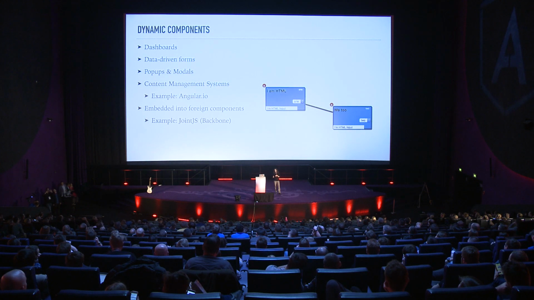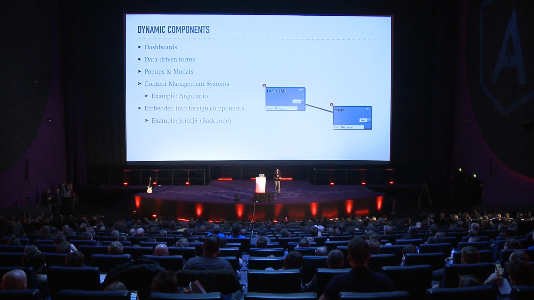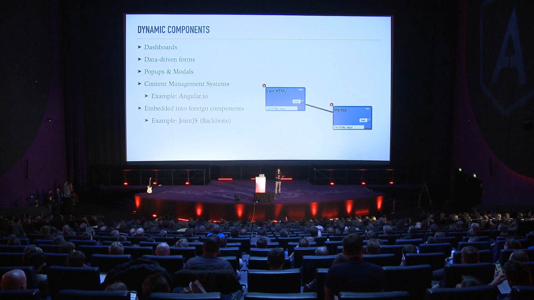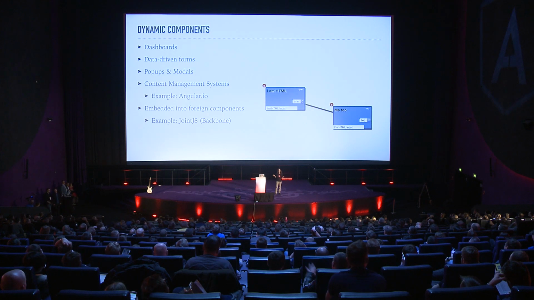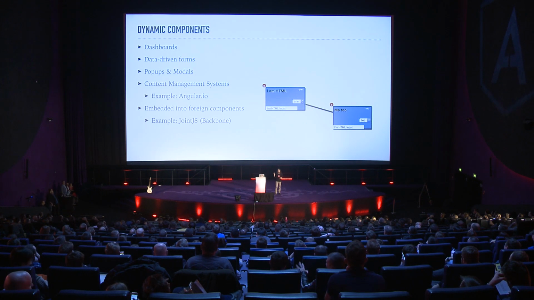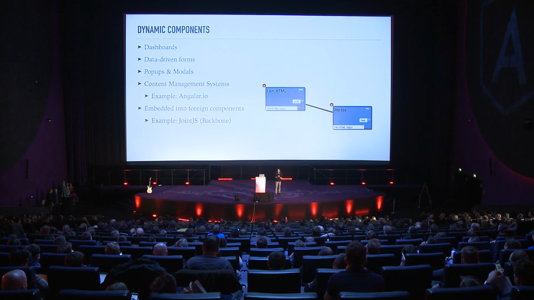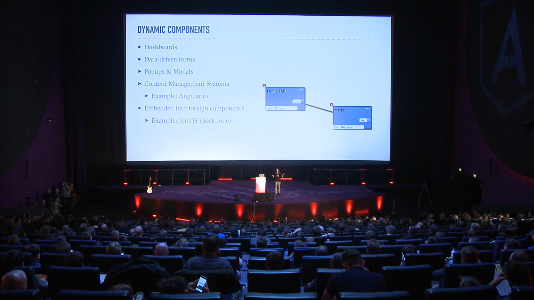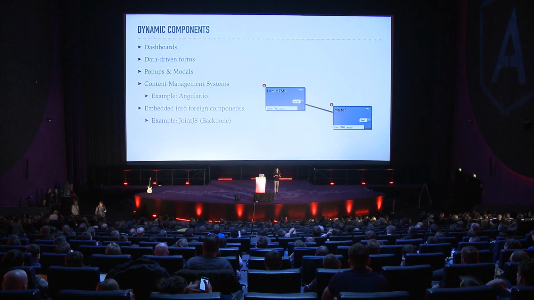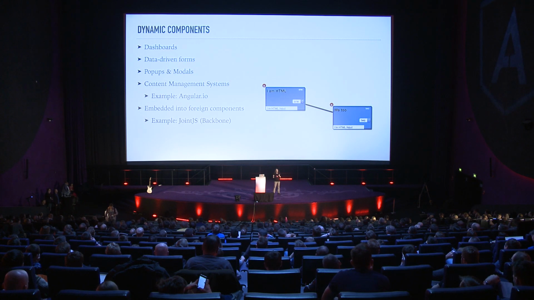And we can embed dynamic components into HTML components of native or even a different framework. So in this case, this is a framework that's written over Backbone, and it gives us a way to create diagrams with SVG, and they allow you to put HTML on top of the SVG components.